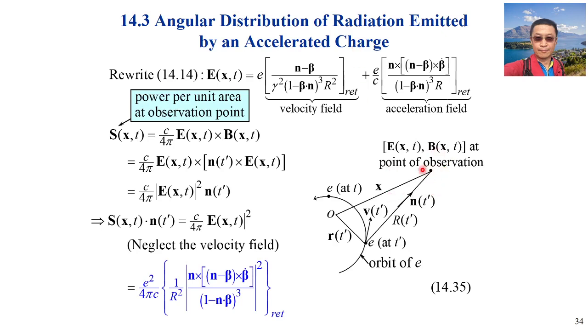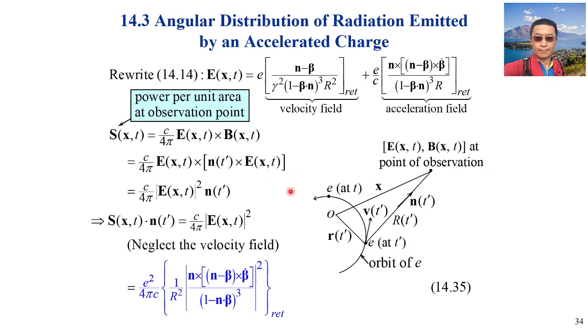What is observed here and observed here will be different, because the observer here is fixed, and the particle radiating here travels at a very high speed, for example. So the time here, t prime, and t will be different.